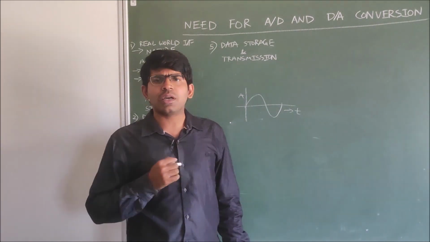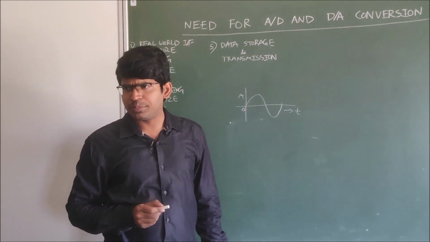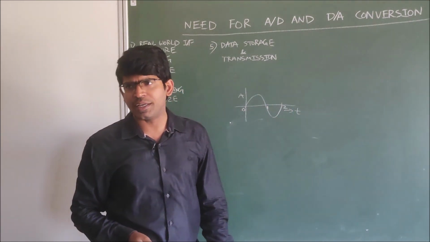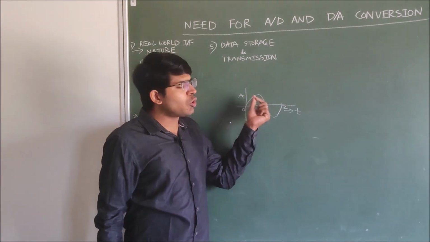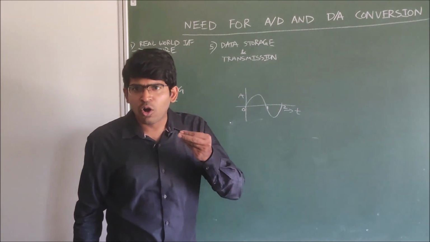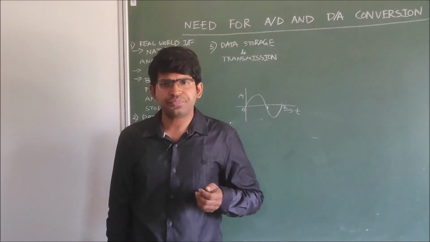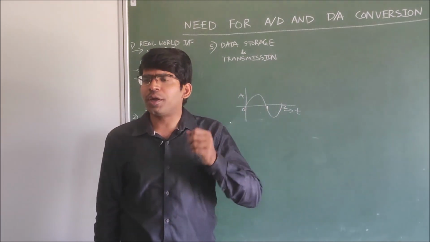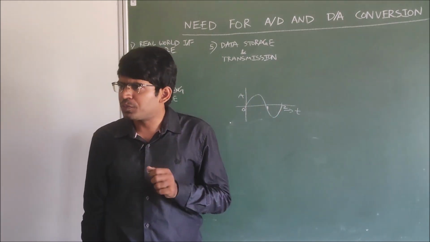But the problem with this kind of signal is, here I am giving 0 in time, this is 1 and this is 2 seconds. If I ask between 0 and 1, how many time intervals we have, the answer is infinite. Infinite time intervals between 0 and 1, and infinite time intervals between 1 and 2.